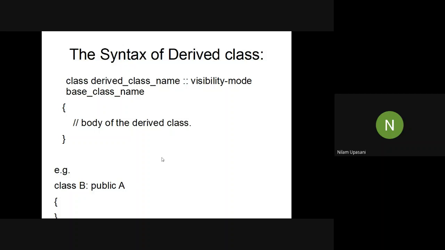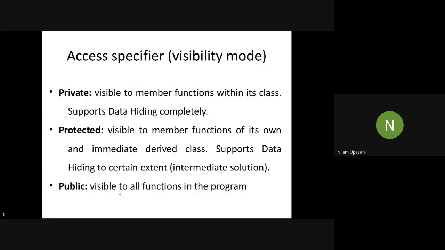So first let us understand what is the visibility mode, then we'll come to one example to understand this concept in further detail. So as I told you, three visibility modes are there: private, protected and public. Private is what? Visible to member functions within its class that we know, and supports data hiding completely.